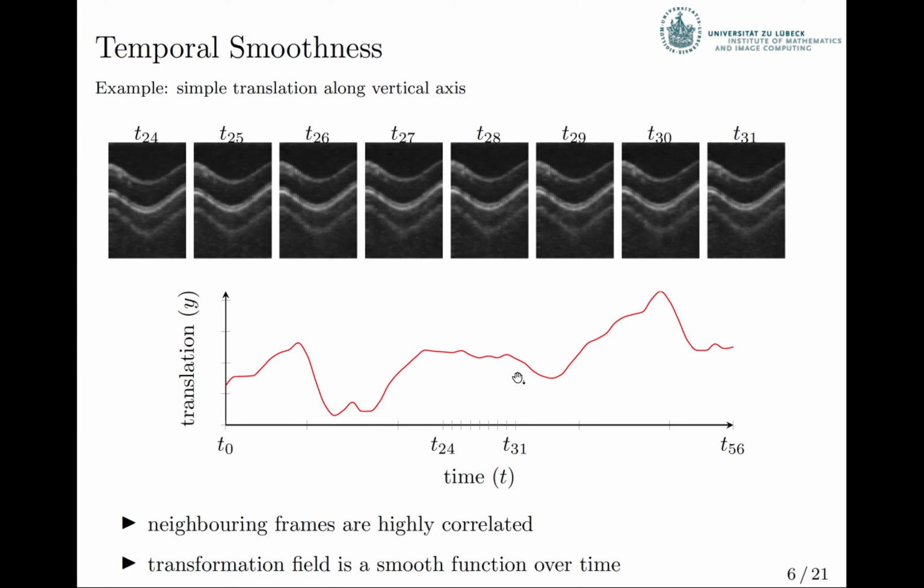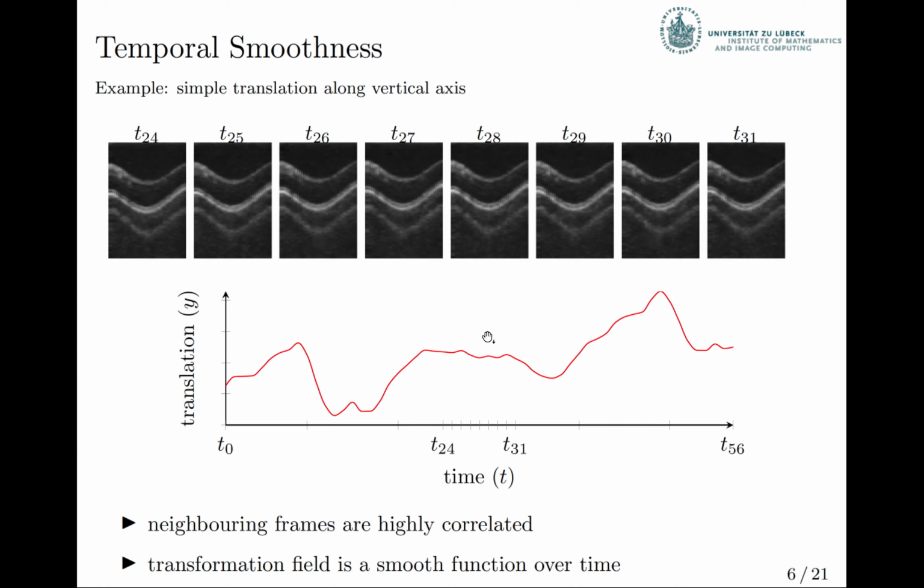This red curve seems to be quite a smooth curve. And if we see the translation between time instant 24 to 31, there is very small displacement here. And that is why we also do not observe very big differences in these 2D slices.